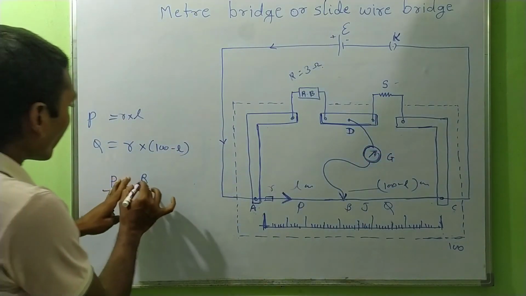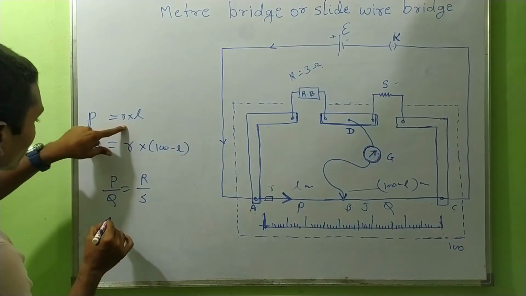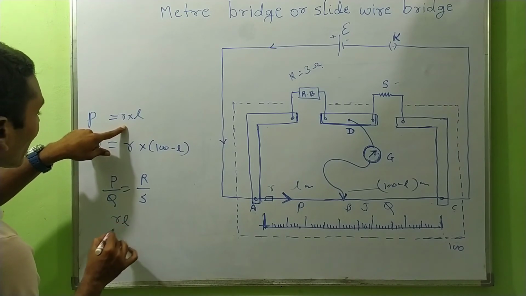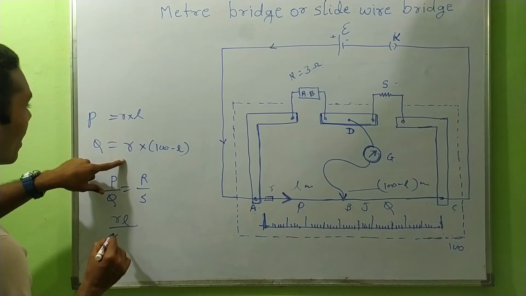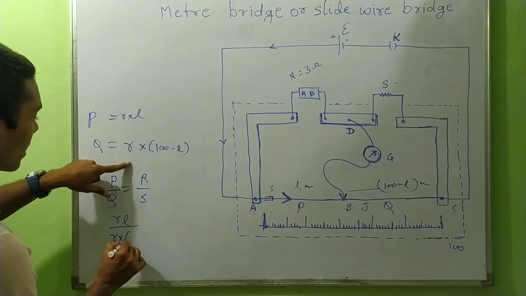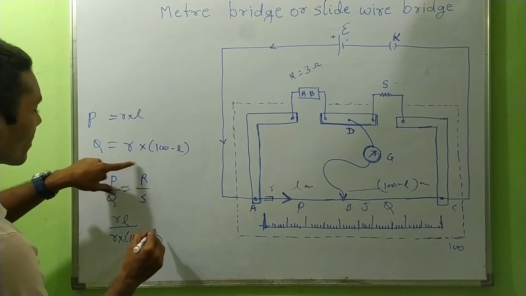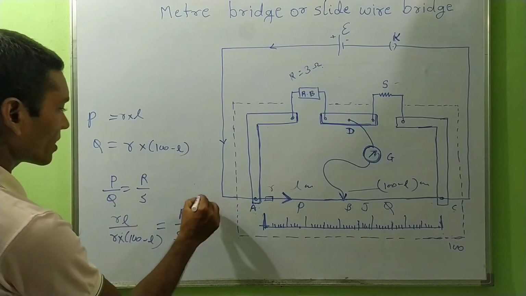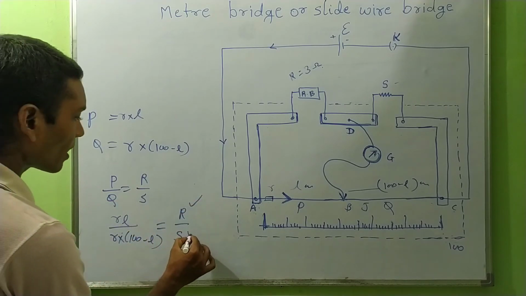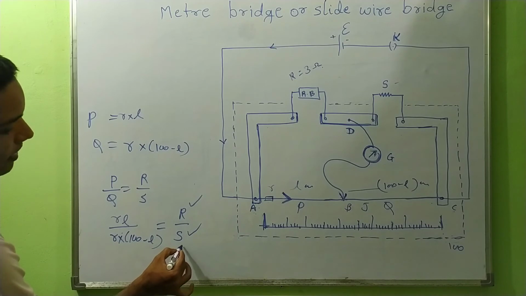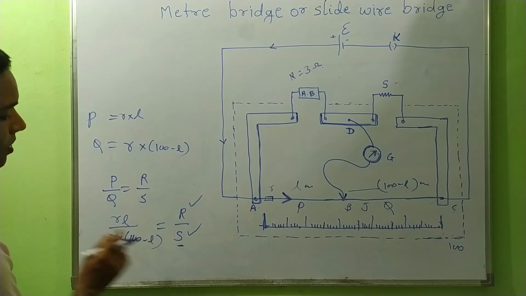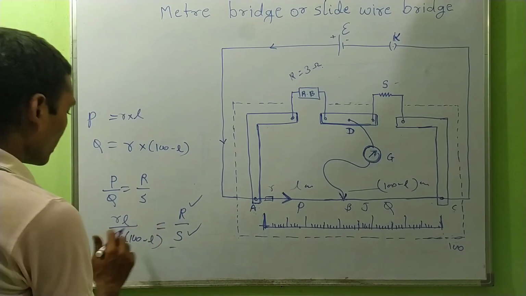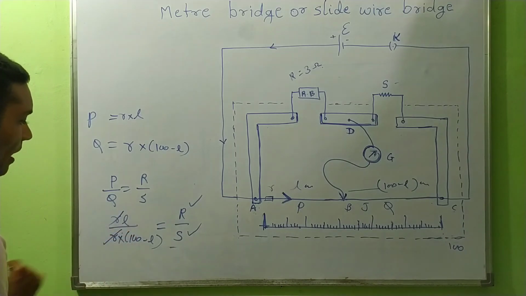On putting the values, P is equal to r into L and Q is equal to r into 100 minus L. It will be equal to R upon S. This is the known resistance and this is the unknown resistance. So we have to find the value of the unknown resistance. Here r cancels r.